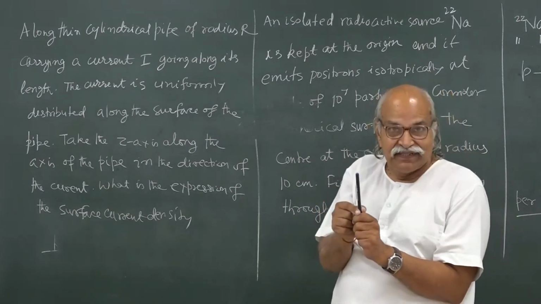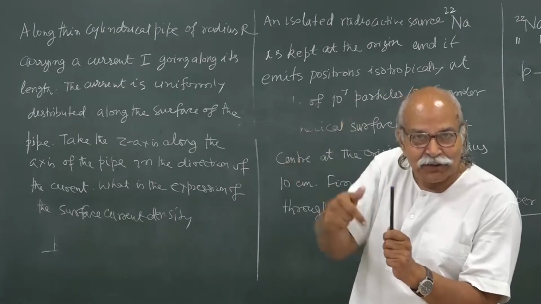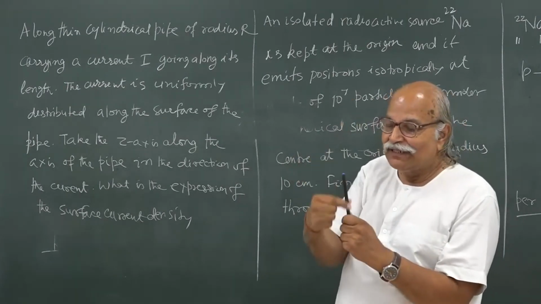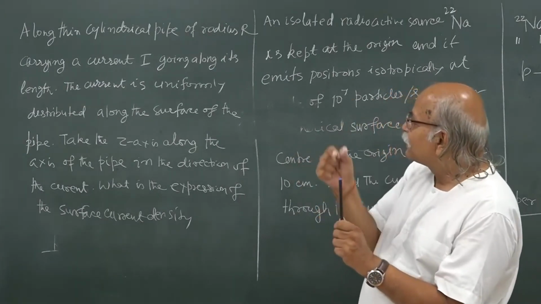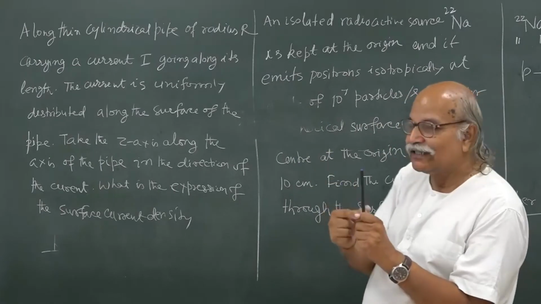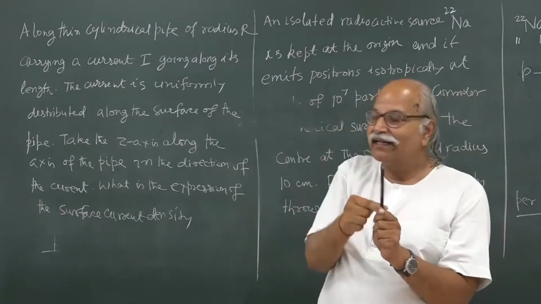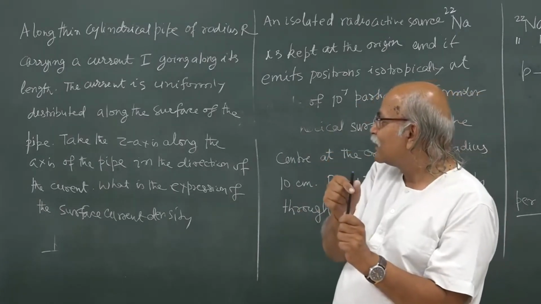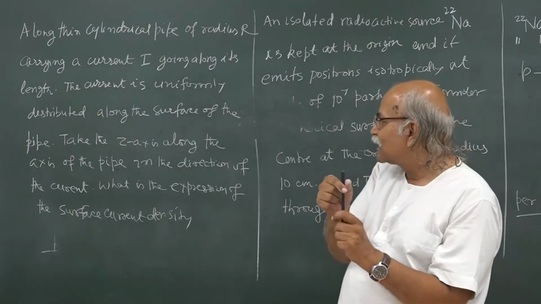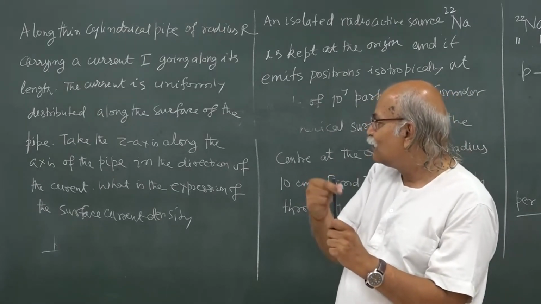It is a pipe, so inside is just hollow. So, the current is going on the surface, like this. The total current is I, and it is distributed along the surface of the pipe uniformly.